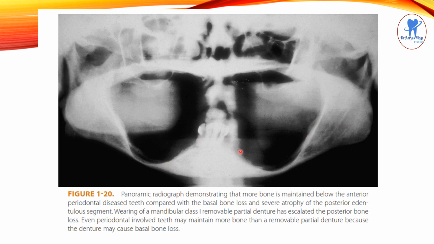Wearing a mandibular class 1 RPD has escalated the posterior bone loss. Even periodontally involved teeth may maintain more bone than an RPD, because the denture may cause basal bone loss.